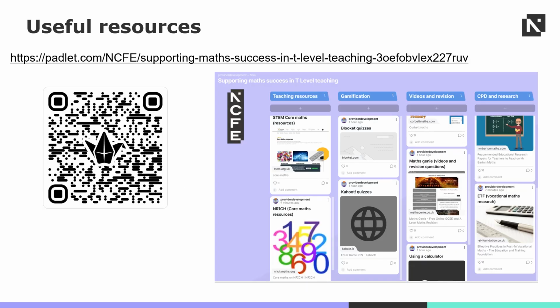In terms of useful resources, the website is full of maths activities and resources. I have put together a Padlet there. You can see the screenshot and the web addresses at the top. And I've linked quite a few useful websites that I've used myself in the past here already.